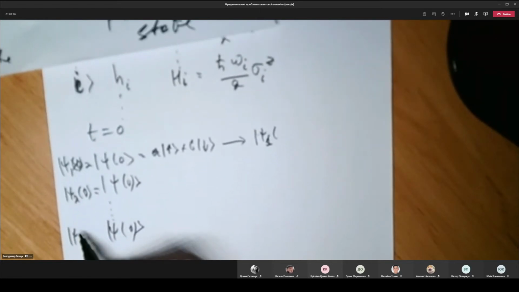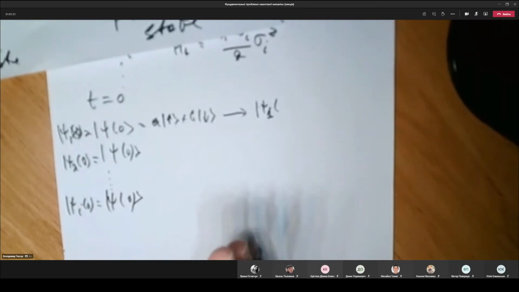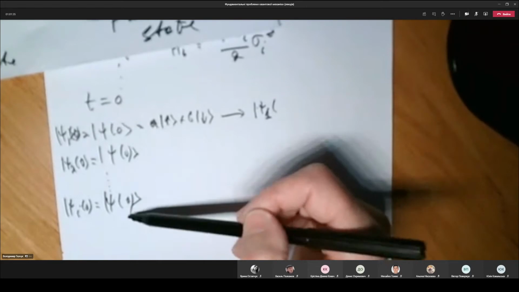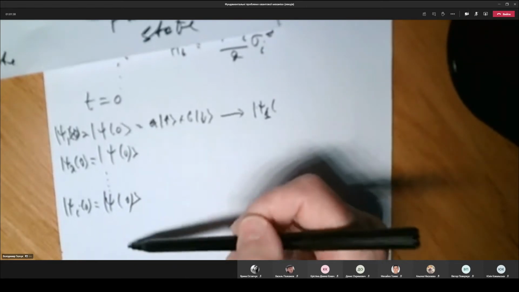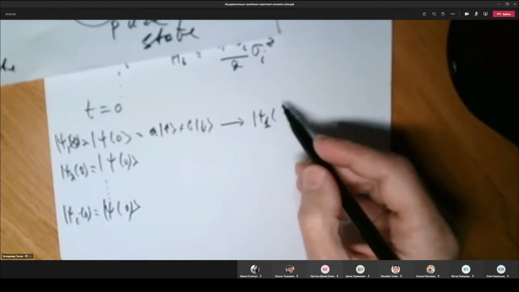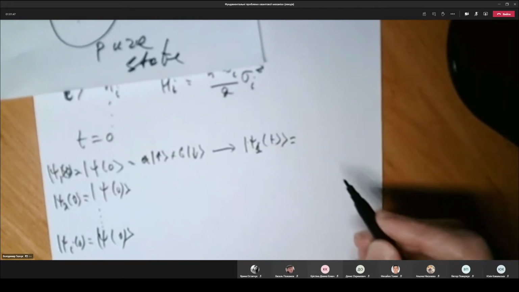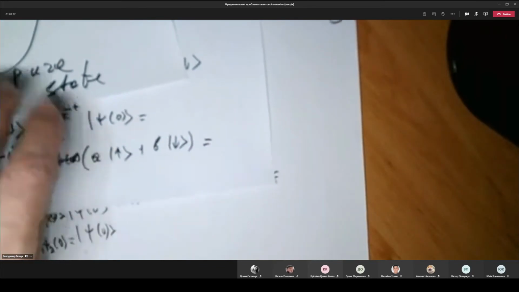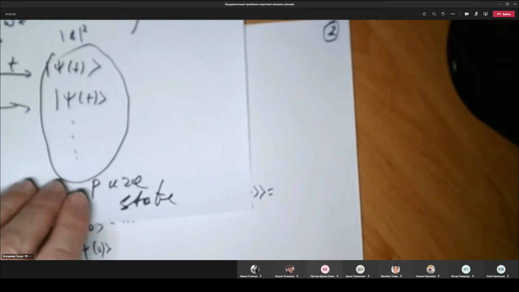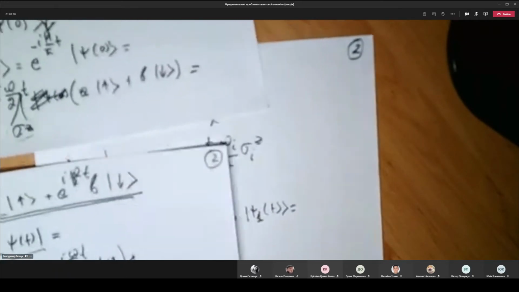Psi i at the initial time is once more the same. So at the initial time we have a pure state. And now let us consider the evolution of this set of spins. The magnetic field is different for each spin. So as a result, psi 1 at time t has the following form. We have an absolutely similar result as for the pure state, where we obtain the result written here.